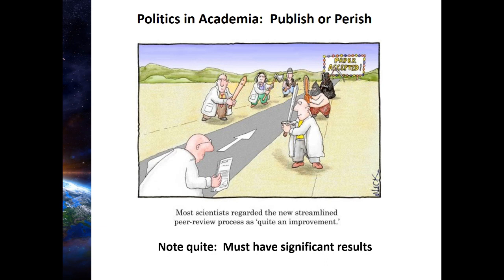So hypothesis testing was created so that everybody would have to use the same set of procedures. Everybody's data would have to meet certain criteria. And if they met that criteria, then you could say my results are significant. And if they didn't meet the criteria, then you'd have to say my results are not significant.